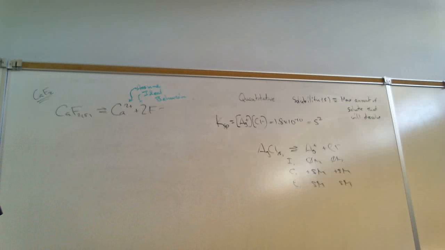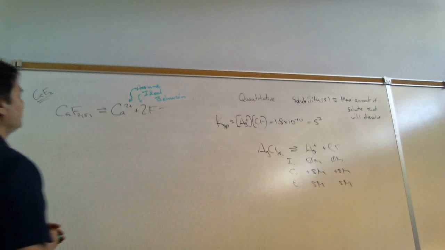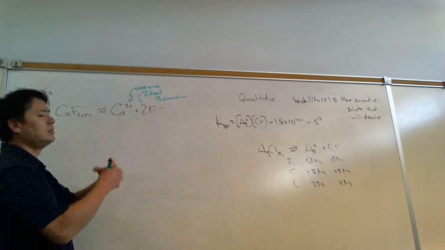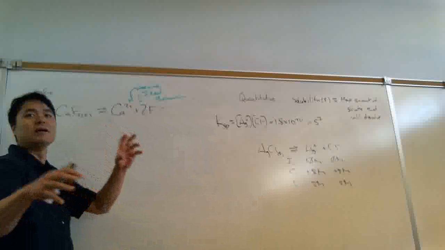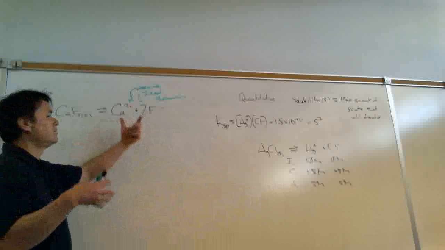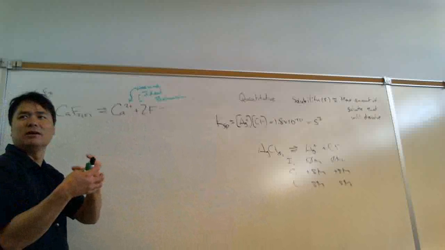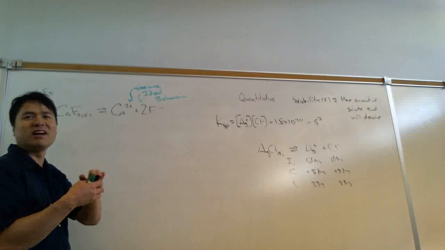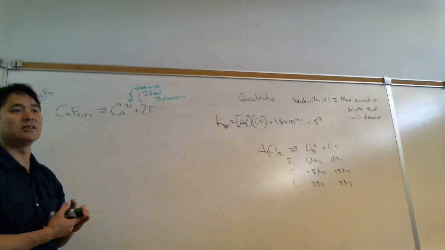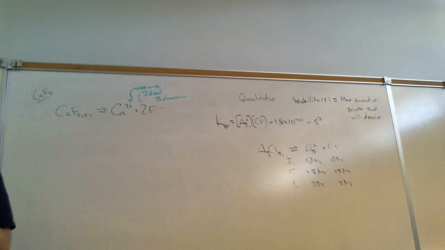So there's no ion pairing, and so we assume ideal behavior. These should be totally independent of each other, so a calcium ion sees a fluoride, and they can't pair together. Do you guys remember that chapter 13, van 't Hoff factor, activity? And so we're assuming that these are ideal.